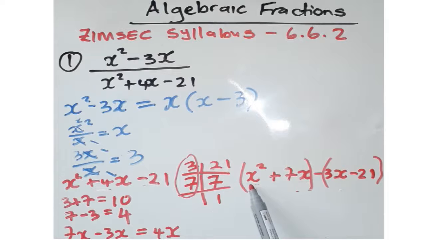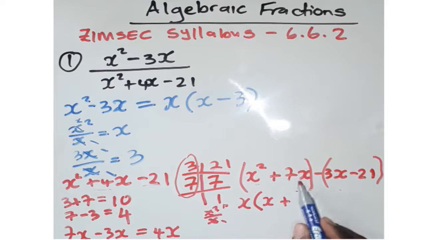So what's common in x squared and in 7x? Definitely x. So you write down x, open bracket, x squared divided by x, we remain with 1x. So we come here and we put our x, plus 7x divided by x, x cancels out this x, we remain with 7, and then we close our bracket.